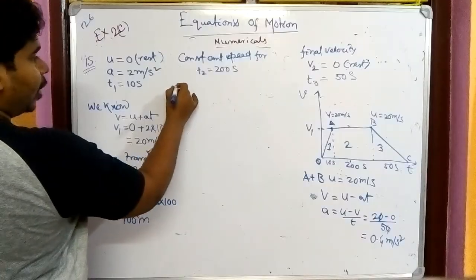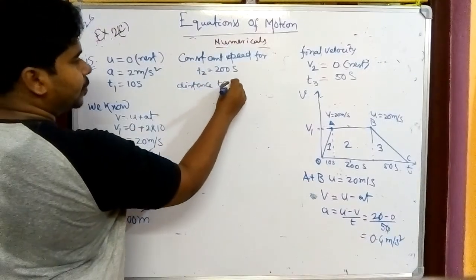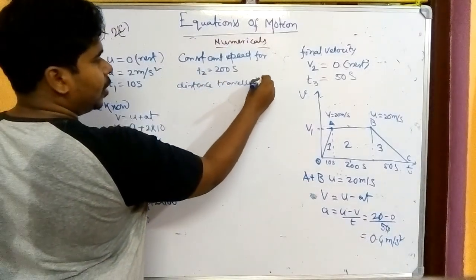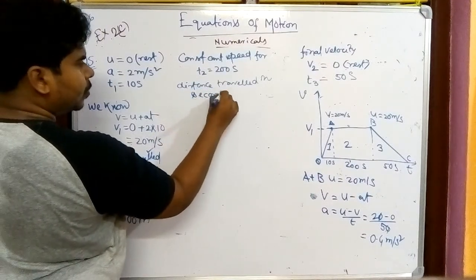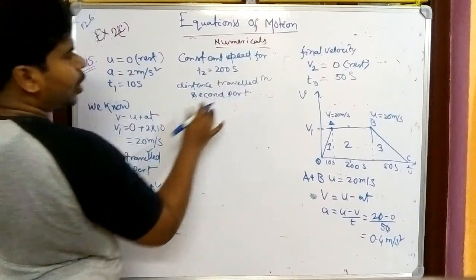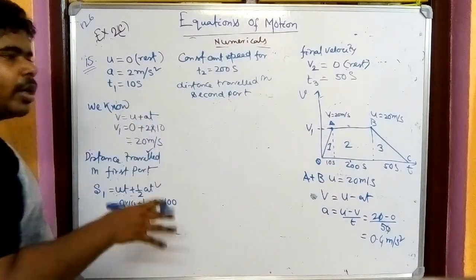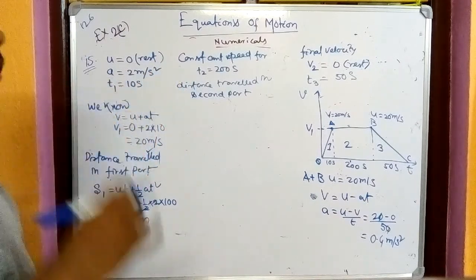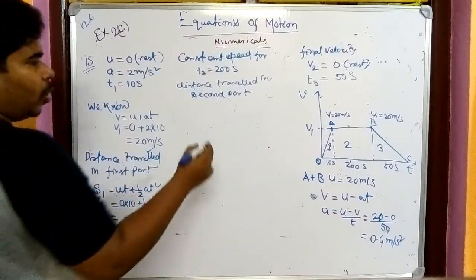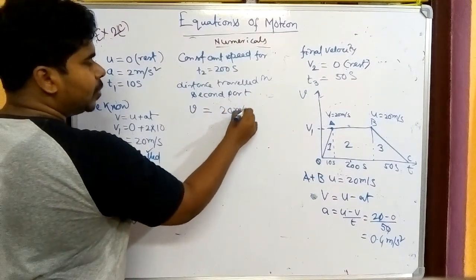Coming to the second part, distance traveled in the second part. Here you see the statement: the body moves constantly for 200 seconds. What is the velocity here? Now v equals 20 meter per second.